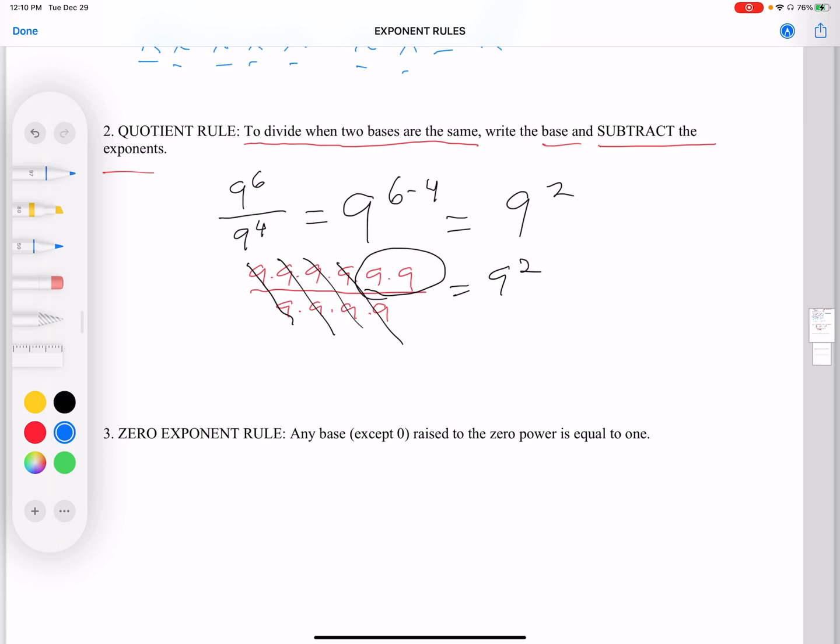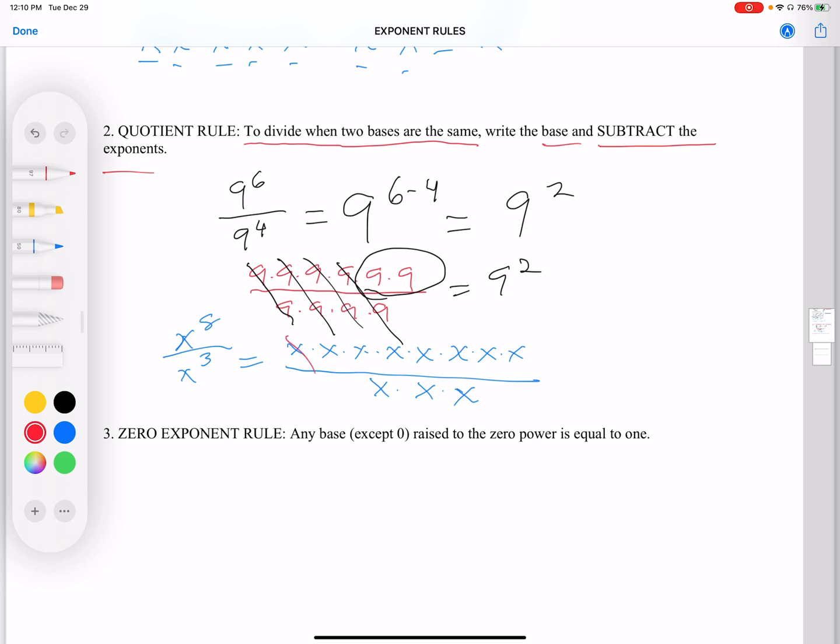And again, the same thing happens with variables. Okay? If I have x to the 8th over x to the 3rd, 1, 2, 3, 4, 5, 6, 7, 8 over 1, 2, 3.